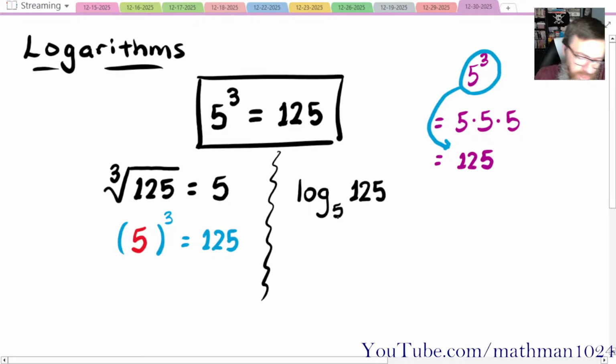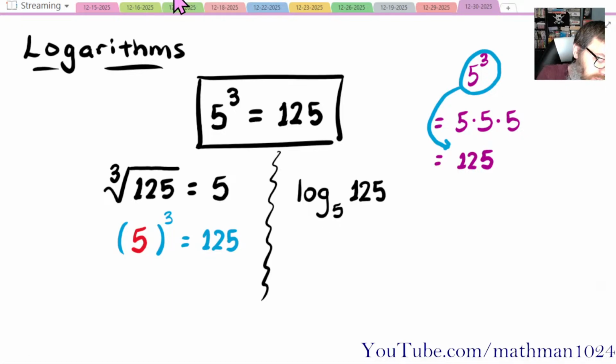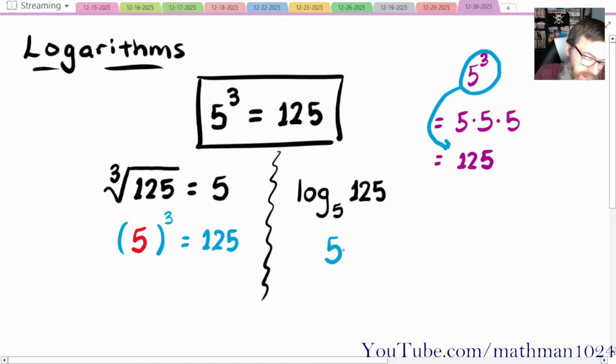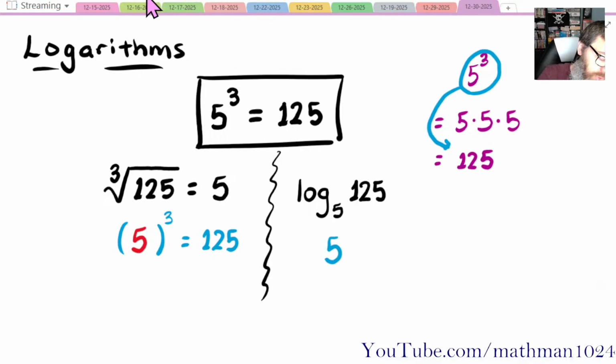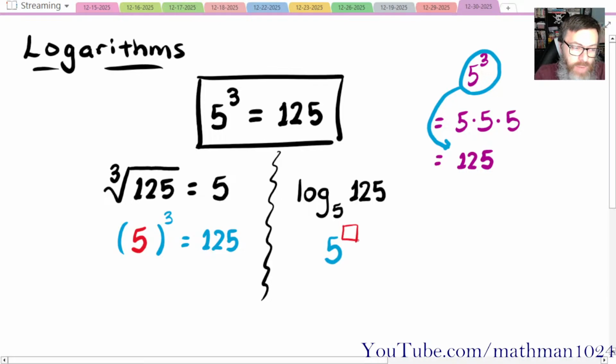The base here, and I do want to make sure we understand that this base is almost like a subscript here for the log. But when we say base, that's exactly what we mean. It's the base. So if I were to write this as an exponential equation, it'd be 5 raised to some power, and this is supposed to equal 125.